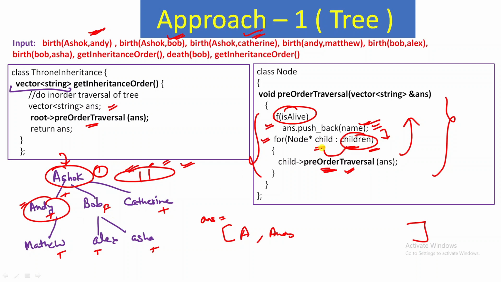Now, who is the eldest person in Andy's list? It is Matthew. So Matthew will come as the child, and for Matthew I will be calling the pre-order traversal. Matthew is also alive, so I will be taking Matthew, and so on. After everything is done, the answer, which is passed by reference, will be storing every name, and I will be returning that list.